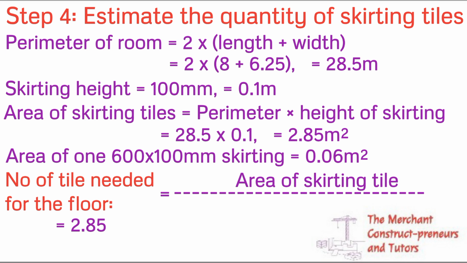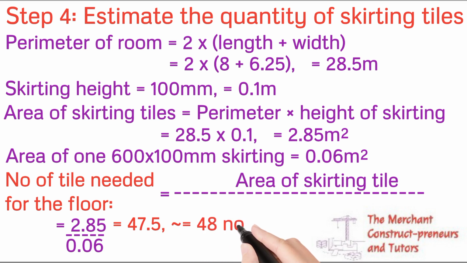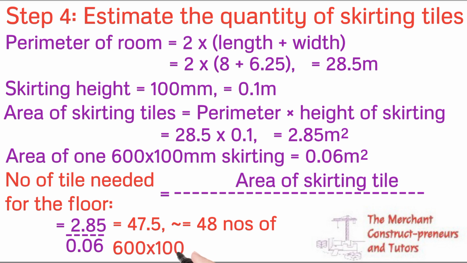So we'll be having 47.5, or approximately 48, numbers of 600 by 100 millimeter skirting tiles. So as you are planning for your floor tiles, you're also planning for the skirting tiles and getting them available.